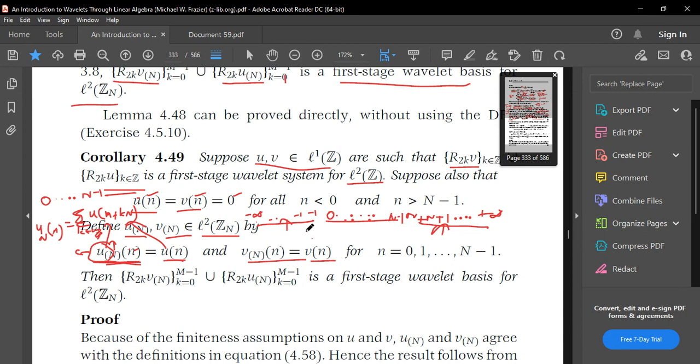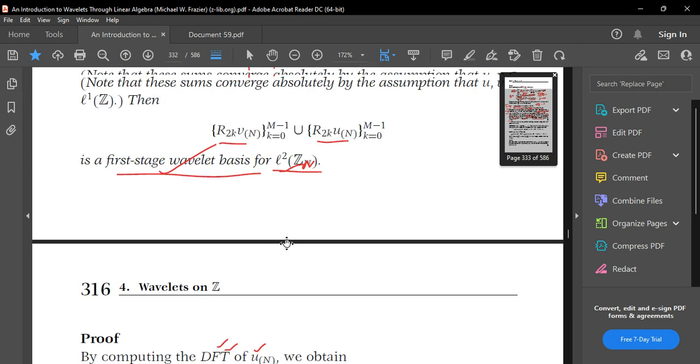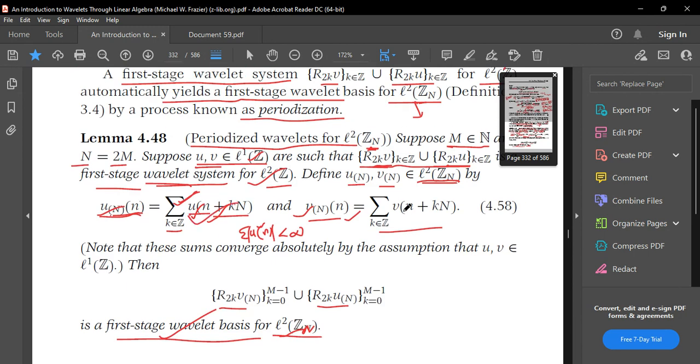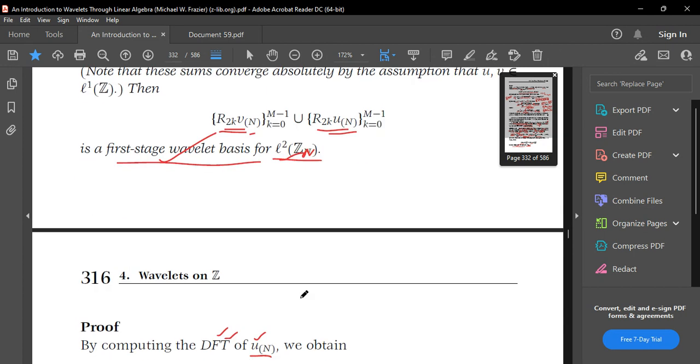Similarly, vN can be written as summation over k belonging to Z of v of n plus kN also. So we have reached this result in this format. All these cases arrive here. So we can assert that R2k vN union R2k uN is a first stage wavelet basis for the finite space.